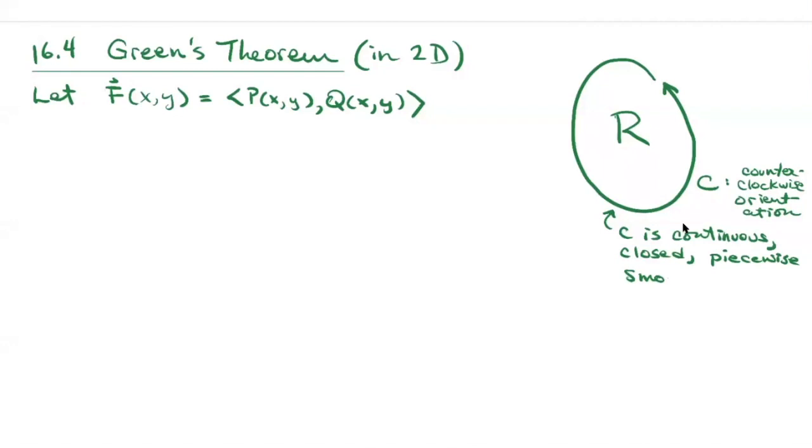It's smooth in pieces is the idea. It can have corners on it, but not an infinite number of them. And simple. And simple means it doesn't cross itself. It doesn't intersect itself, if you like.